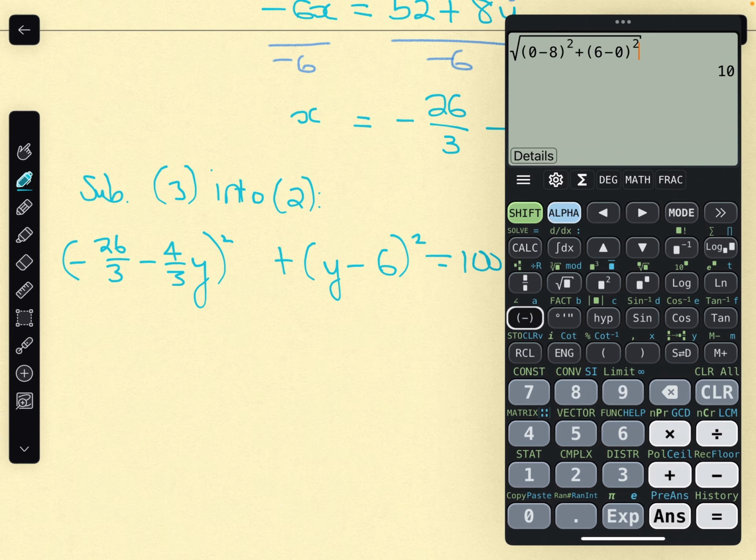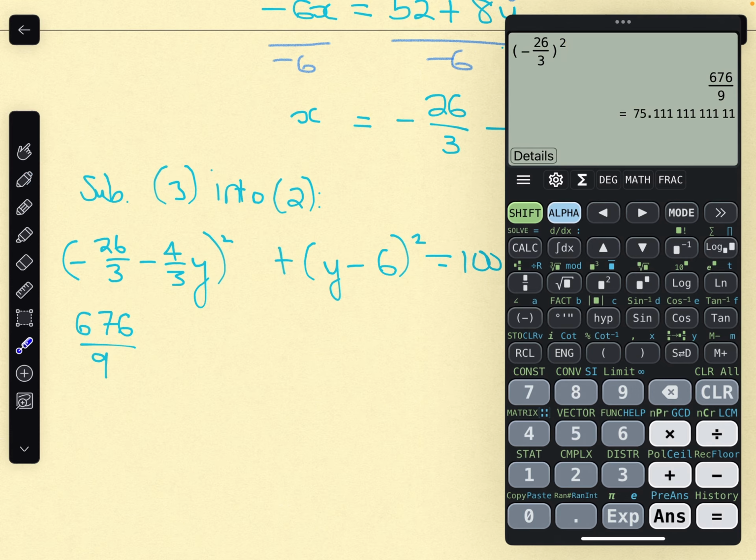So we're going to have negative 26 over 3 squared. Okay, so that is 676 over 9.